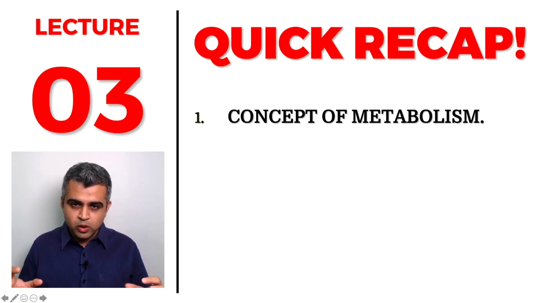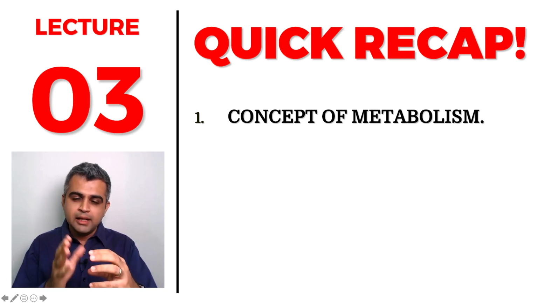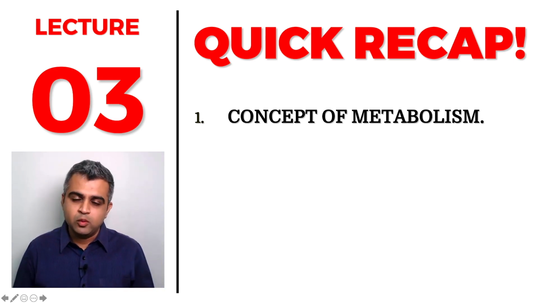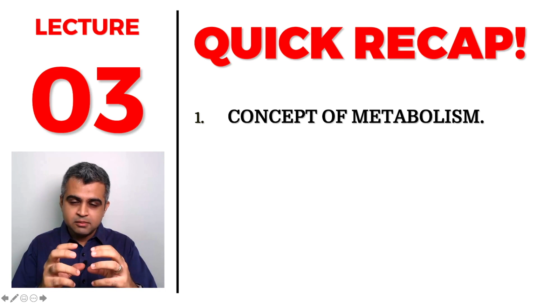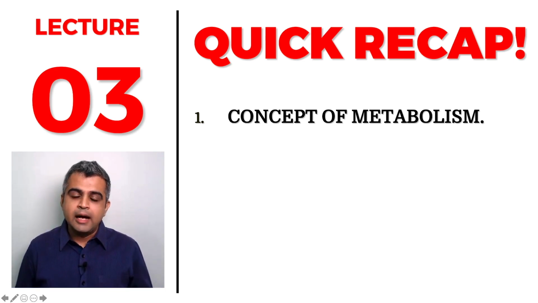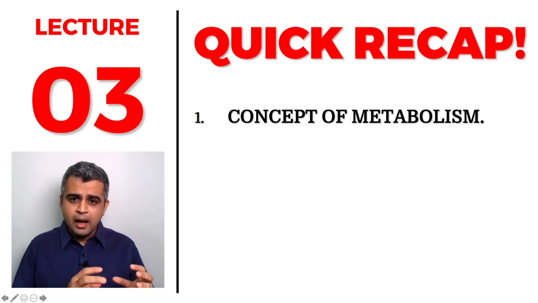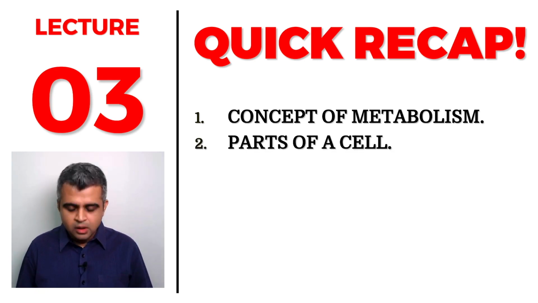Take small things and join them to make something bigger, or take something big and break it down to make something smaller. So you have anabolism and you have catabolism, and both these things together are called as metabolism. Anabolism plus catabolism equals metabolism. So that's the first thing we discussed in lecture number 3, that what is the concept of metabolism.